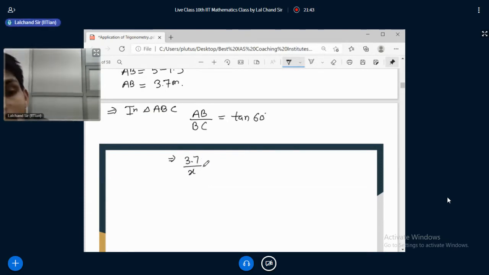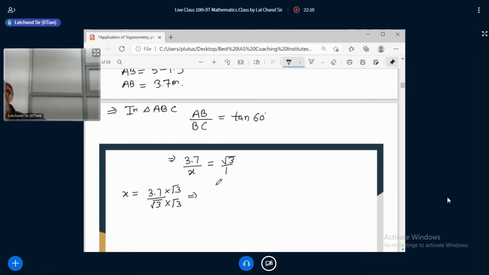Let's substitute its value as X. And what is the value of tan 60? Tan 60 is √3. Okay, so finally if we cross multiply, then I have X equal to 3.7 divided by √3, multiply by √3 over √3.